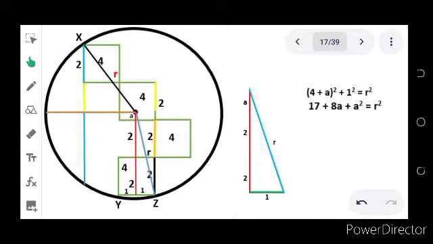But take note that this yellow segment is not equal to 2 units because there's a portion that has not been taken by the yellow segment.